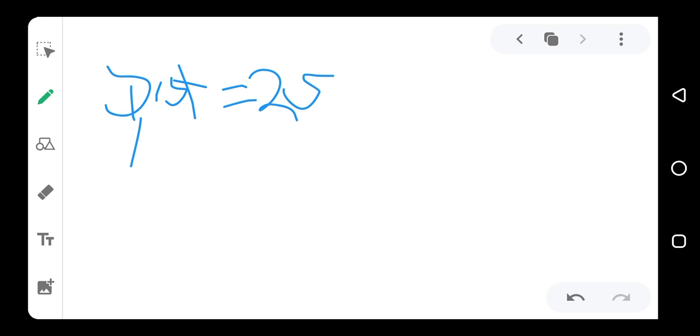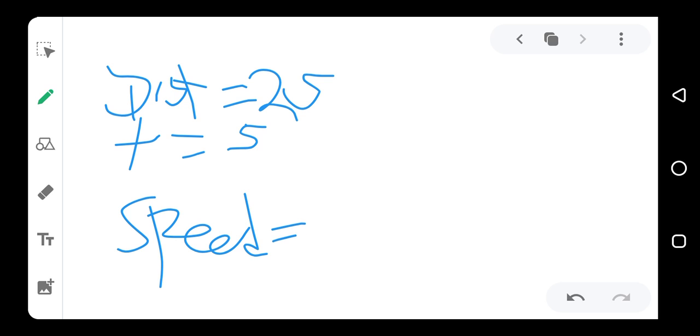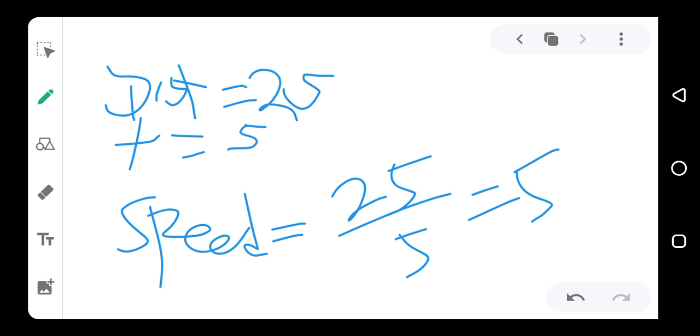Now the time is 5 seconds. Now that means that the speed is equal to 25 over 5, which is equal to 5 meter per second.